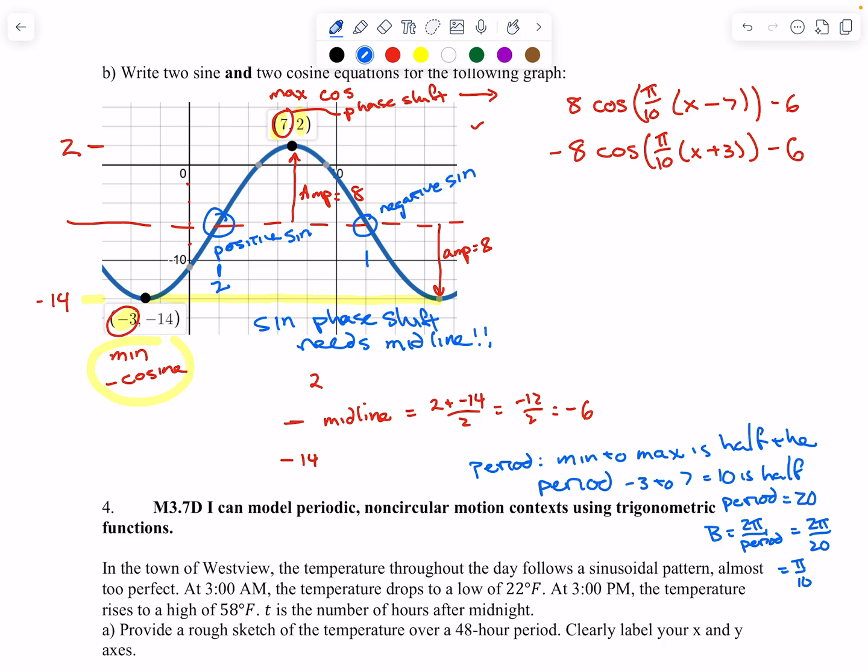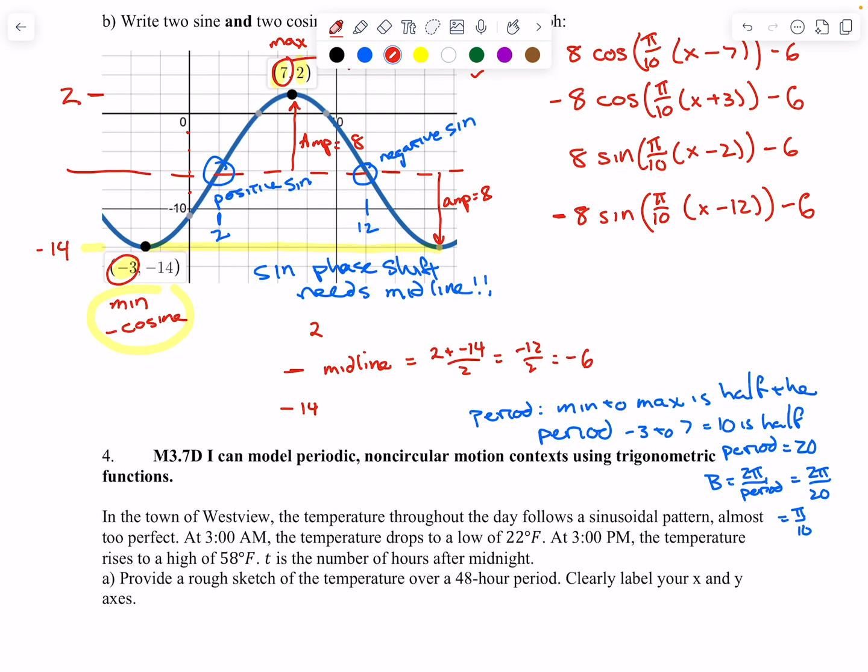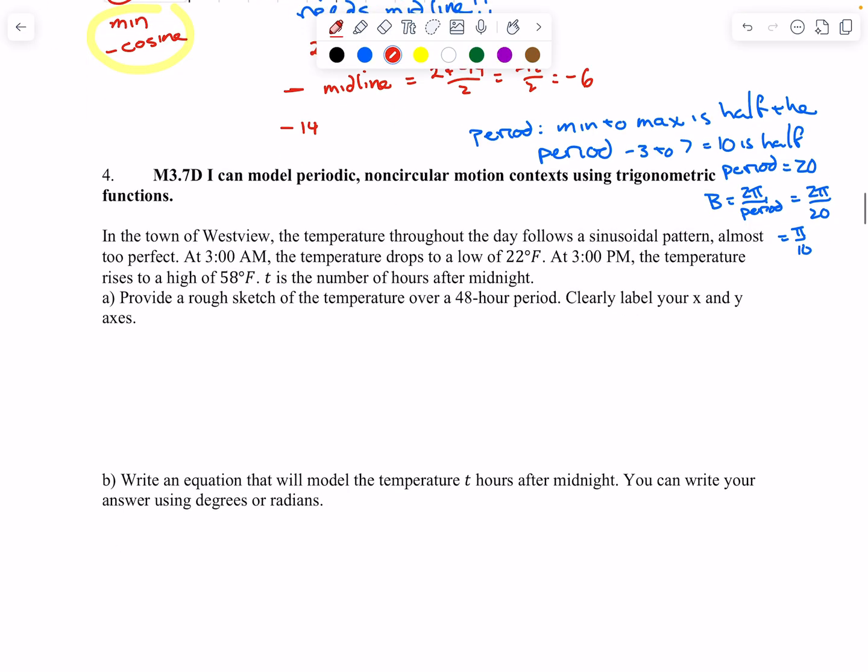And that's 1 hash mark 2 units after 10, so that's 12. Okay. So 8 sine pi over 10, it's all the same except the phase shift. That's right 2. And negative sine at 12. There's others. It's just the picture that we have, those are the convenient numbers to use. Okay.